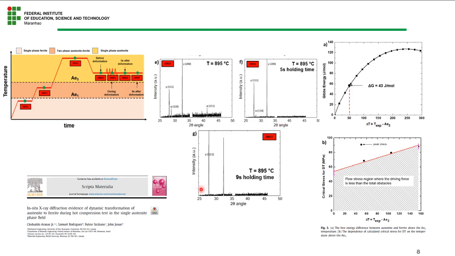And after 9 seconds of holding, all the ferrite vanished. This publication can be seen in Scripta Materialia. And it was also calculated that this is the region where it is impossible to form ferrite according to the critical stress, as the stress peak applied was above it and overcame the total barrier.